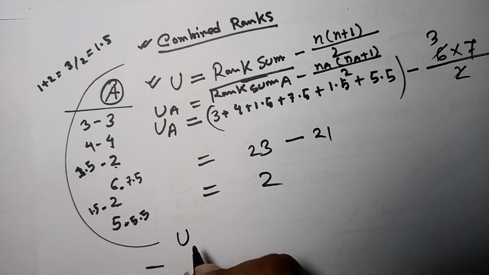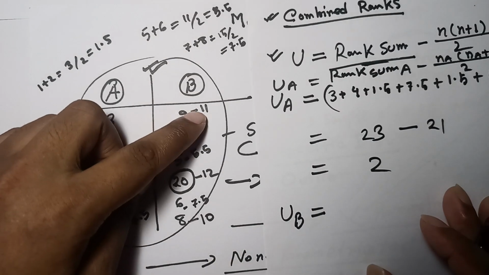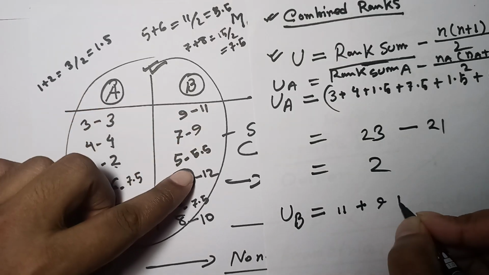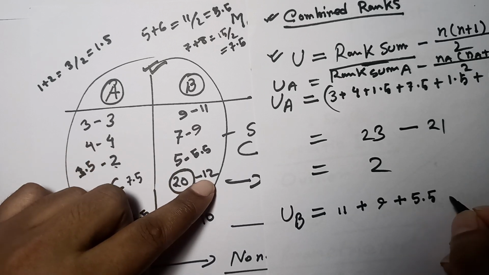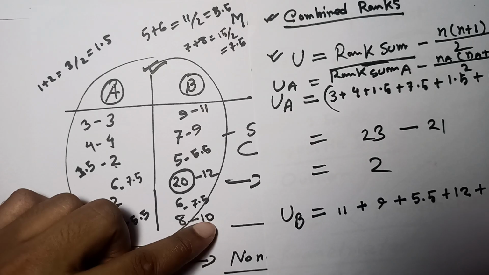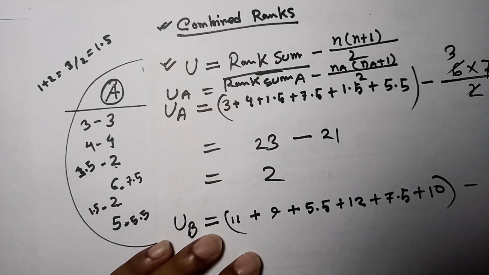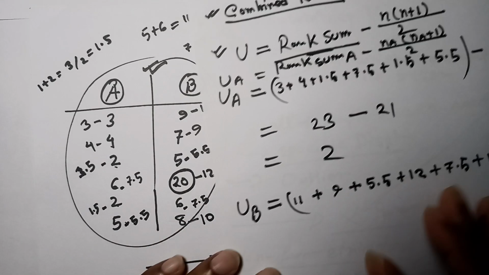Similarly, you will find UB, say for 11 plus 9 plus 5.5 plus 12 plus 7.5 plus 10, minus the same 21.